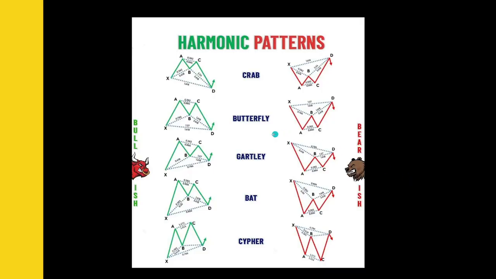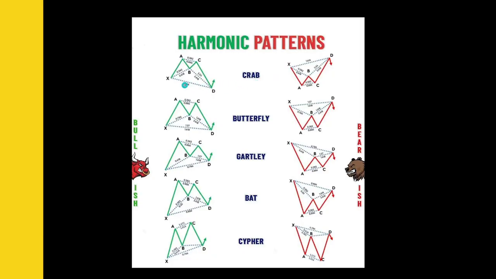This is why we covered the different types of shape, the M, the W, and the N, because it is much easier to identify these shapes on the chart instead of looking for a crab or a butterfly or a Gartley or a bat or a cipher. If you open the chart to find a crab, it is much harder.